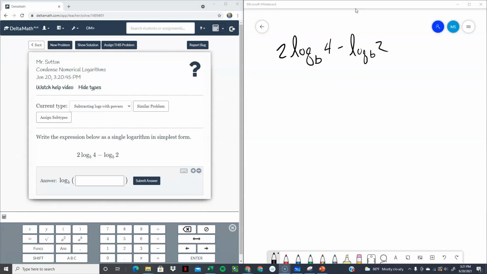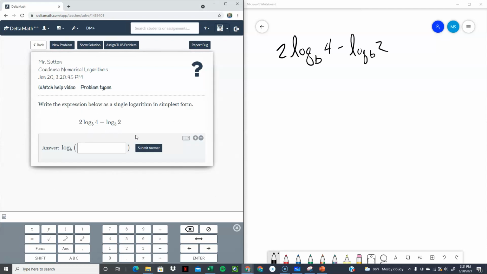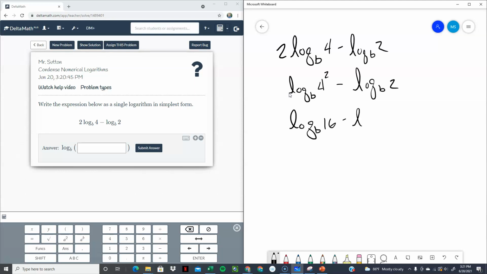So now let's look at this one. Here we have a subtraction problem with numerical values. So the 2 we can move to the exponent. So that becomes 4 squared. 4 squared is 16. So now since they're subtracting, and since they have the same base, we combine these into a division problem.